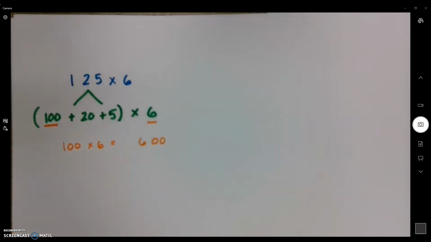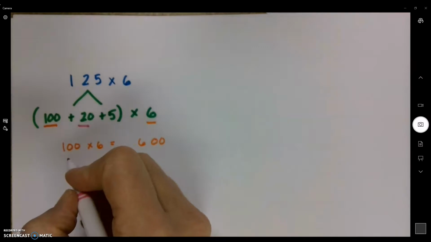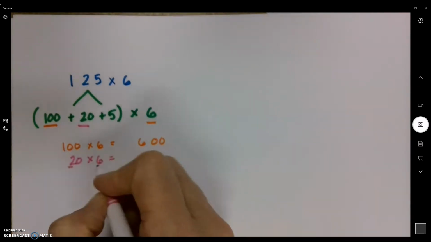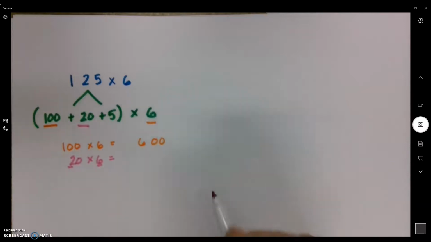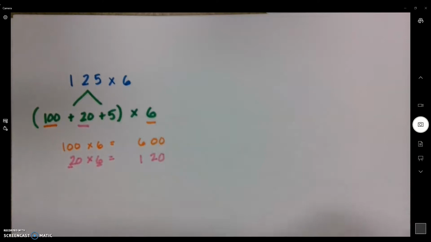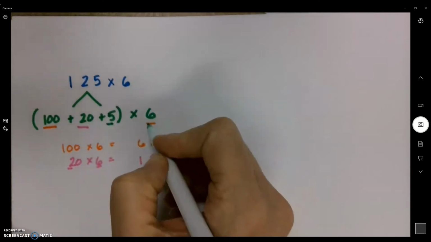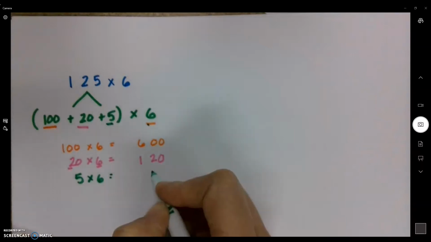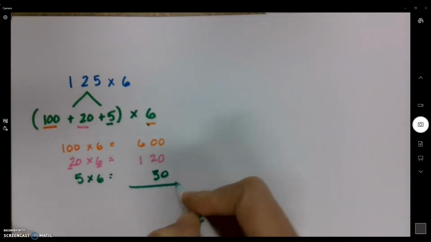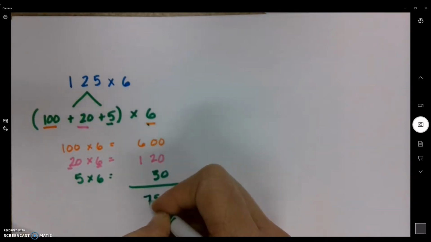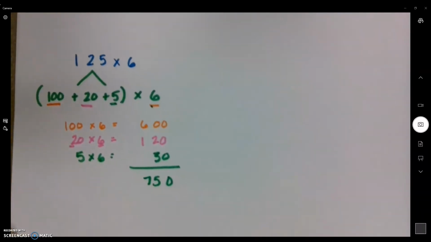And then I'm going to pull out that 20, and I'm going to say 20 times 6, 2 times 6 is 12 tens, it's 120. And then I'm going to take the 5 times 6, and that's 30. When I add them, I get that same answer of 750.